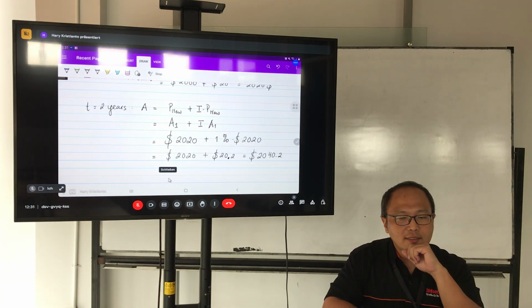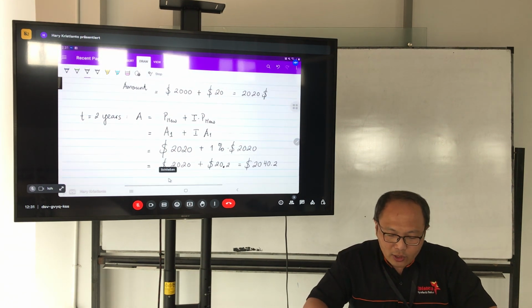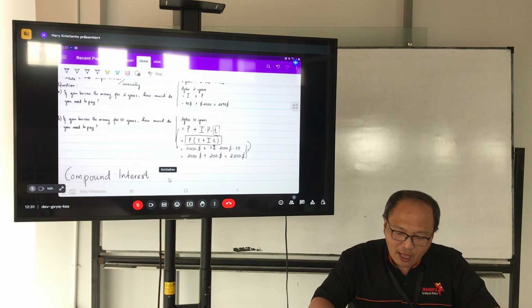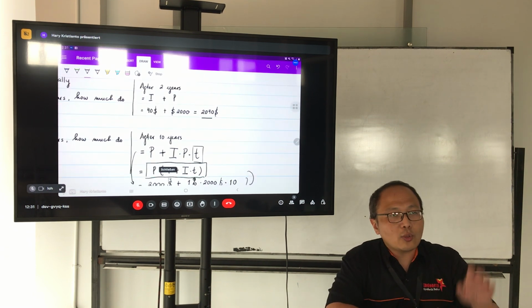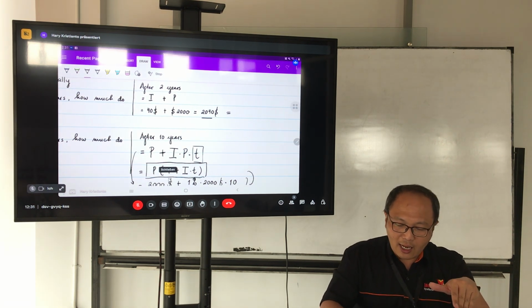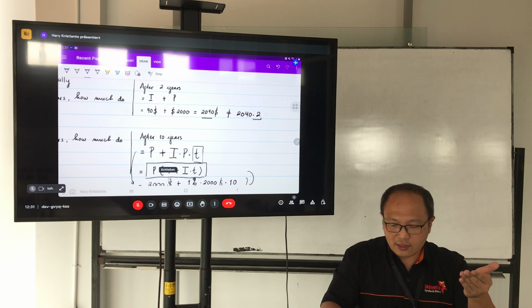So together you will have $2,040.20. Do you still remember what money we have to pay using simple interest? Oh yes. Using simple interest, after 2 years, you only need to pay $2,040, not $2,040.20. Remember? Unlike the compound interest, we have an extra $0.20.